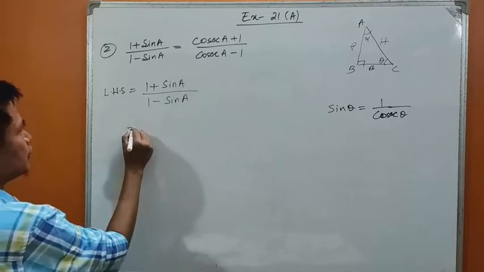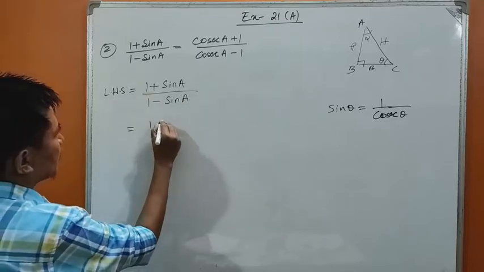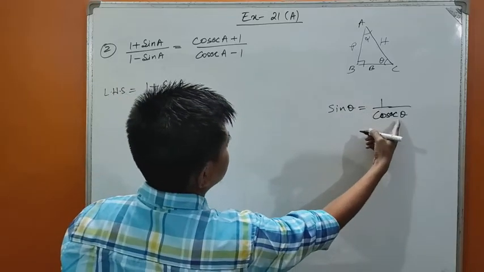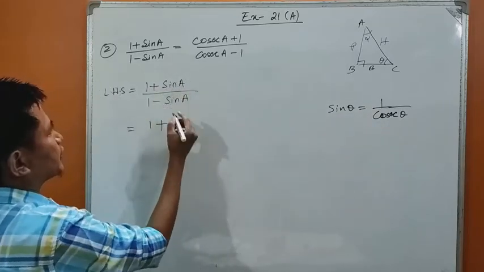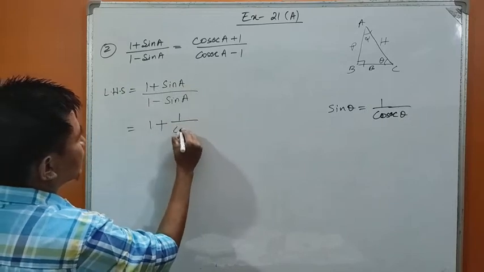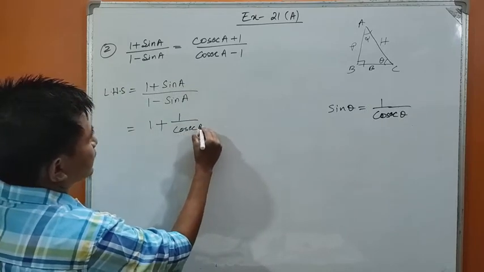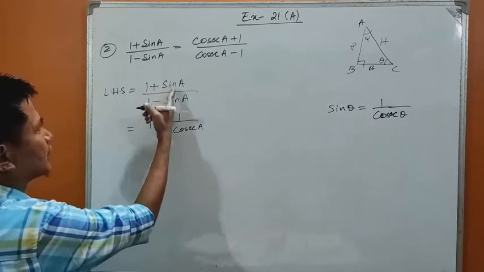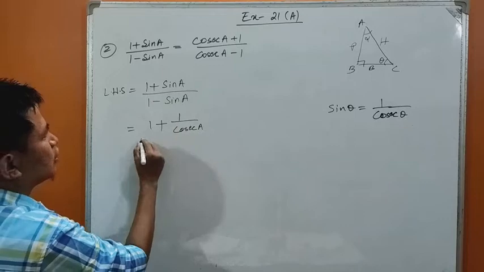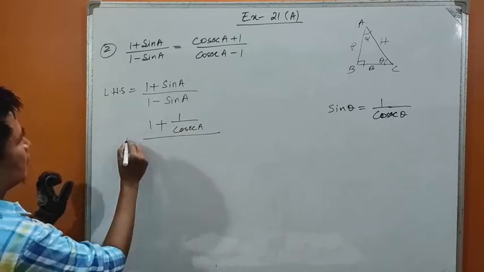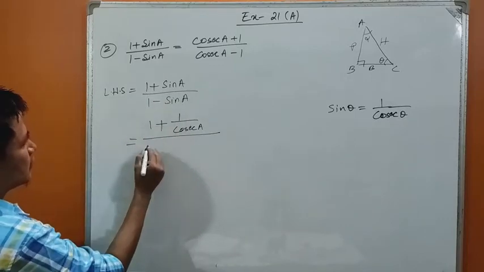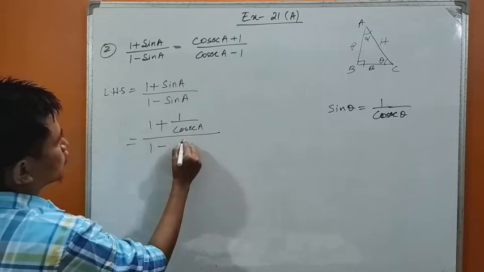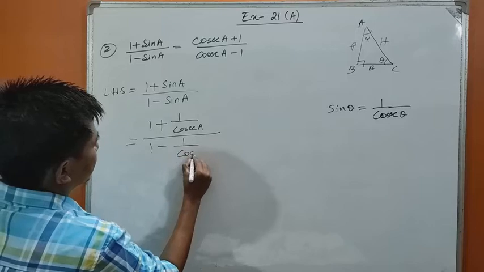So sin theta can be written as 1 upon cosec theta, so sin a can be written as 1 upon cosec a, whole upon 1 minus, in the denominator, this sin a can be written as 1 upon cosec a.